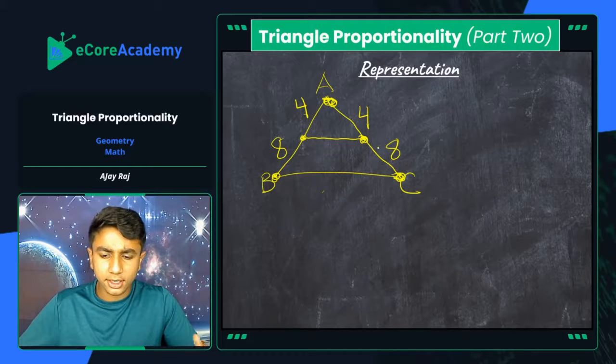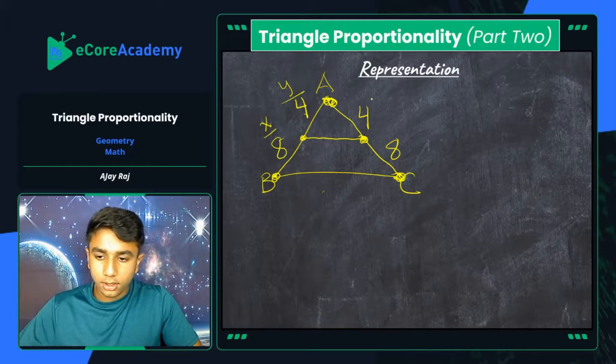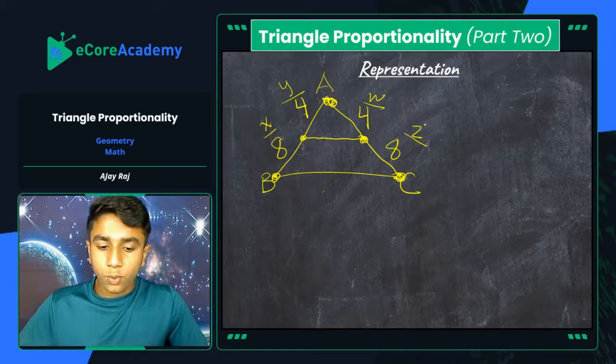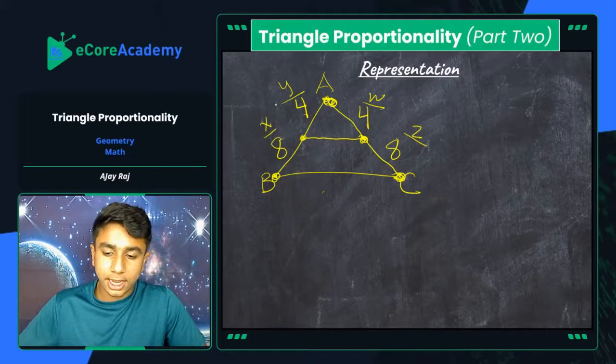Now, what the triangle proportionality theorem states is that these new side lengths created are always going to be proportional. Meaning, I'm going to label 8 as x, your 4 as y, and then w and z as reference. If you look at one side of intersection on this triangle, you have your values 8 and 4 represented by x and y.